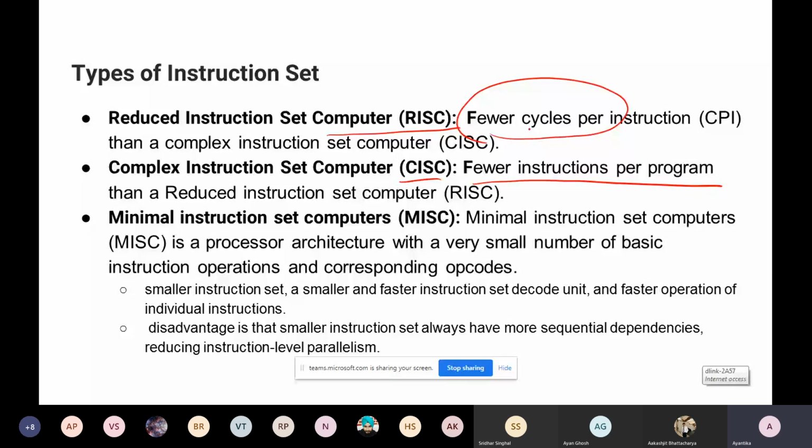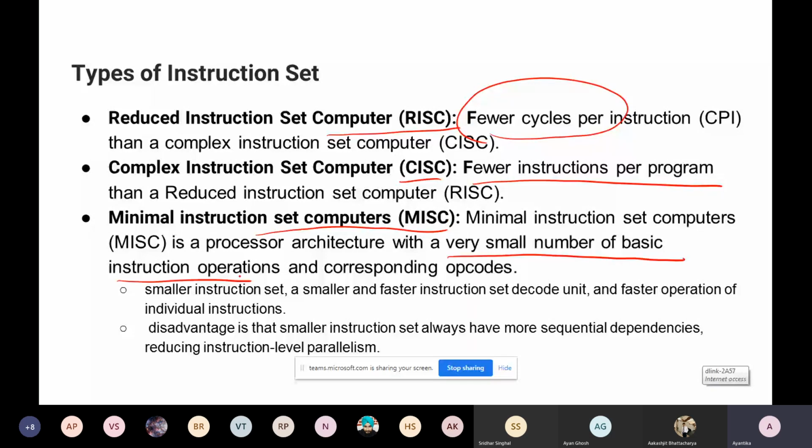Next, minimal instruction set computers. What does it mean? For this type of computer or processor, we choose a very small number of basic instructions.